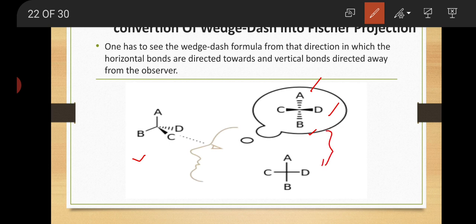This can be converted to this Fischer formula, so the configuration is not affected by seeing this.